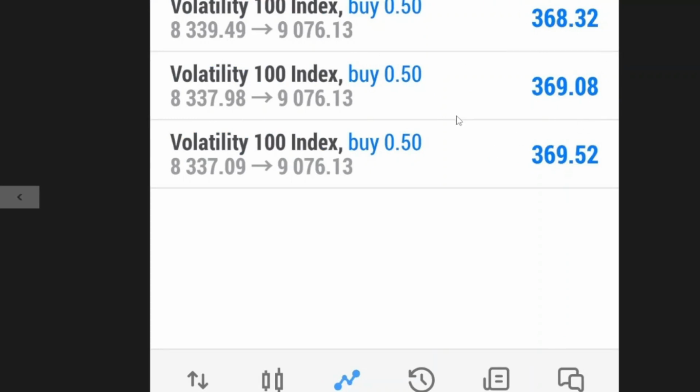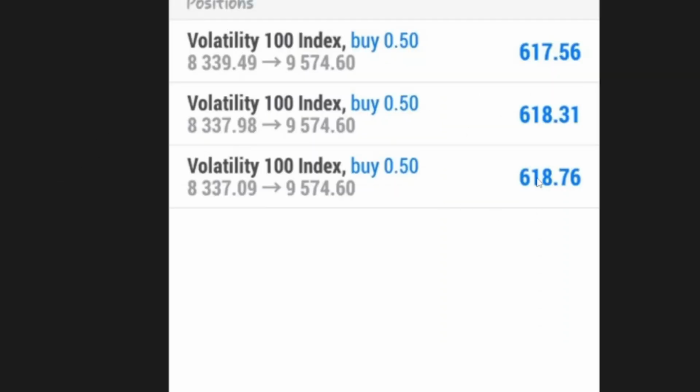We were still holding, but at this level we were already on break even to secure our positions. And then we moved here. You can see the same trades, so we kept trailing our stop loss, to just secure our trades. And then yeah, we had some take profits already, but not by then. So you can see that at this level we are at 617.56 thereabout.